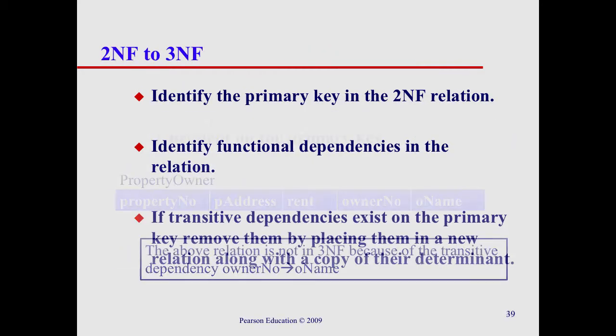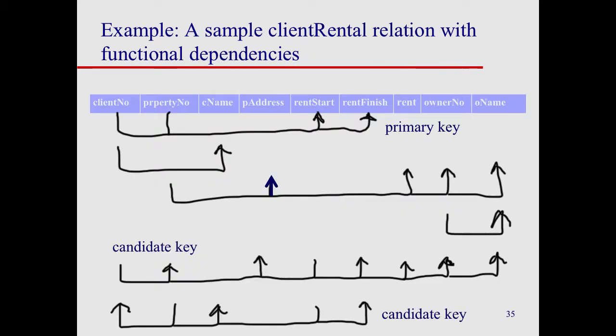And I have the perfect example coming back here. When I chose the primary key to be the client number and the rent start, the only partial dependency on the primary key was this one: client number determines client name.